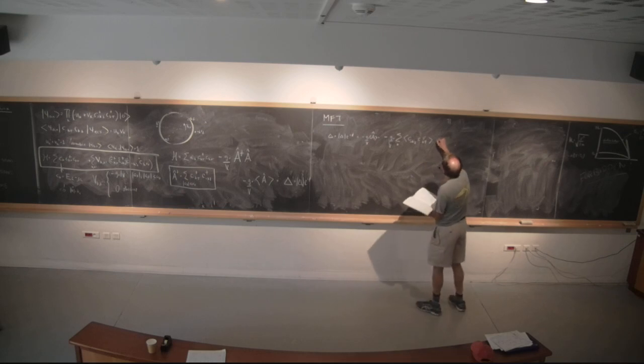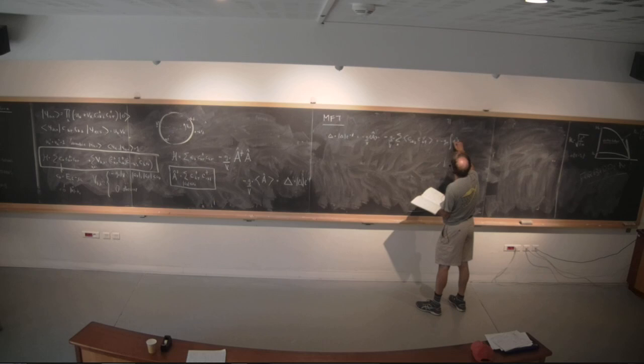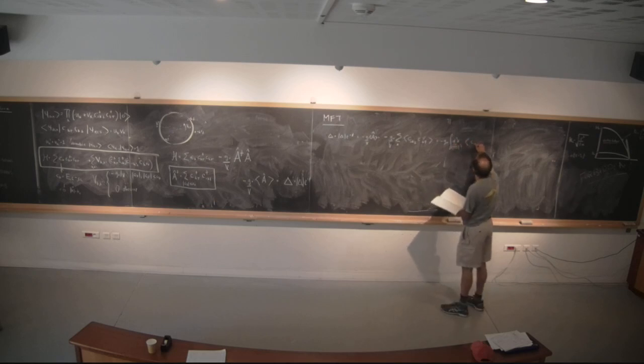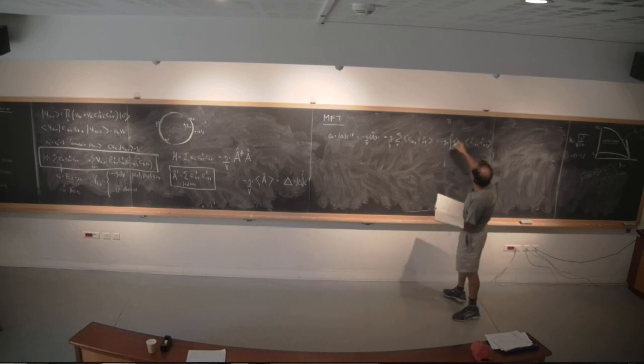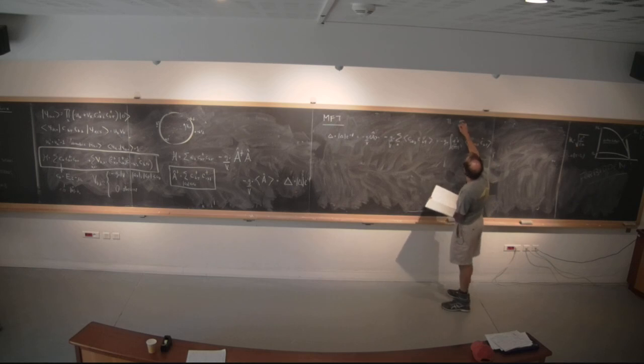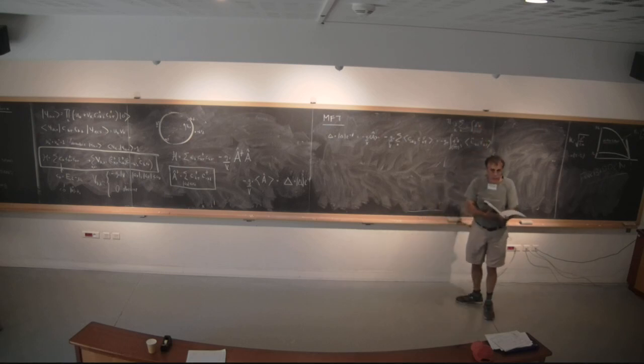And I can write that in the continuum limit as minus g naught times an integral in 3 dimensions. Because in the continuum limit, the sum over k, 1 over V, is equal to d cubed k over 2 pi cubed.